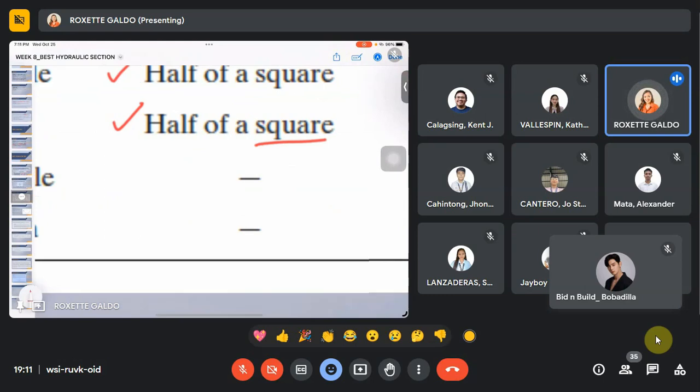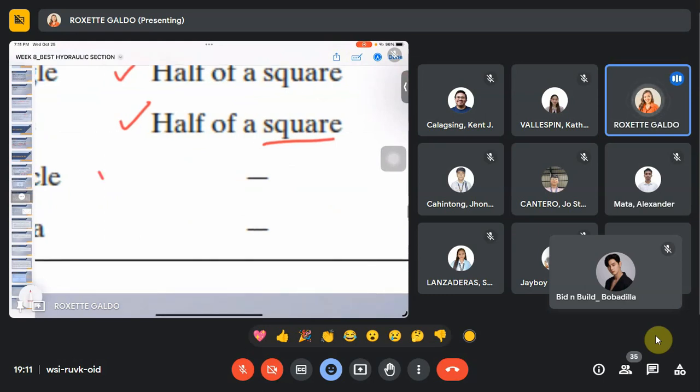So that means in your triangular channel, the angle of inclination from the horizontal on both sides of your triangle shall be 45 degrees. So since this is 45, 45, this is 90. So this is half a square.